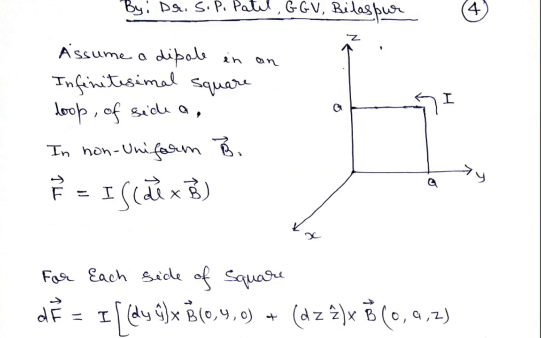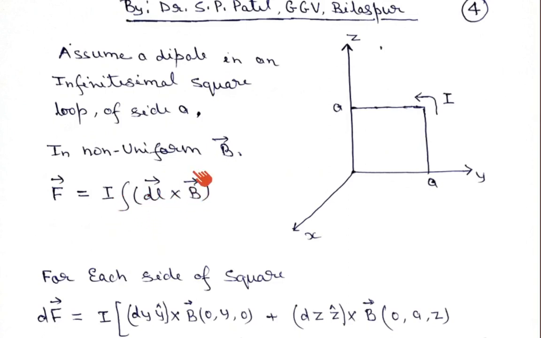Let us assume that we have a square loop of side a, placed in a Cartesian coordinate system x, y, z, in the yz plane, and current is flowing along the wire. In the case of a non-uniform magnetic field, the Lorentz magnetic force is F equal to I times the integral of dl vector cross B vector.